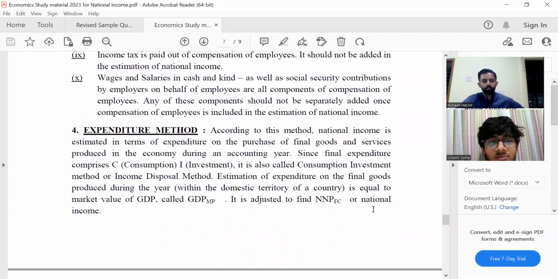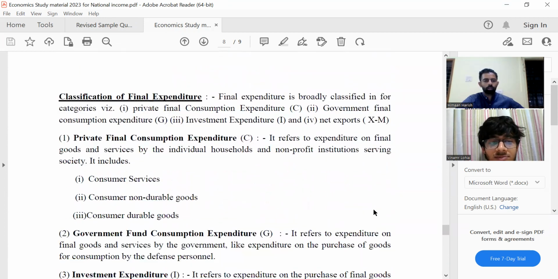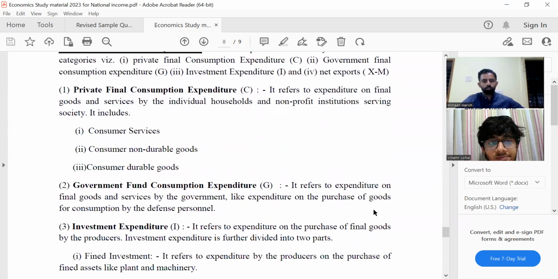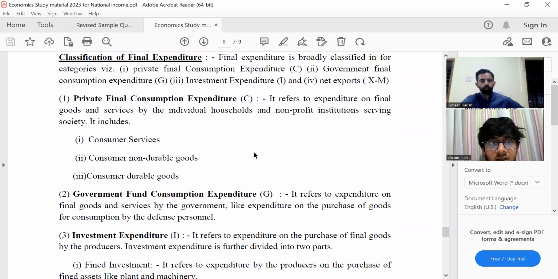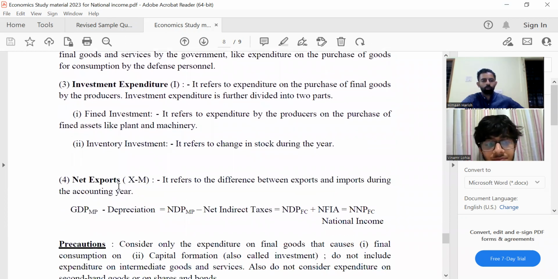And this expenditure method also. Is there a classification of final expenditure also? Is this relevant? No, not private final consumption expenditure and government expenditure, all this. But there is a formula, right?